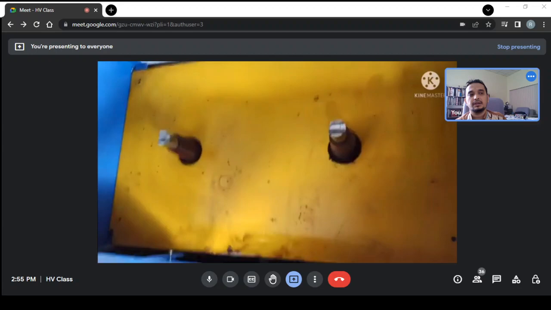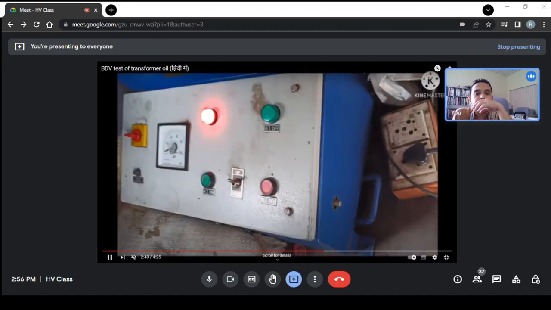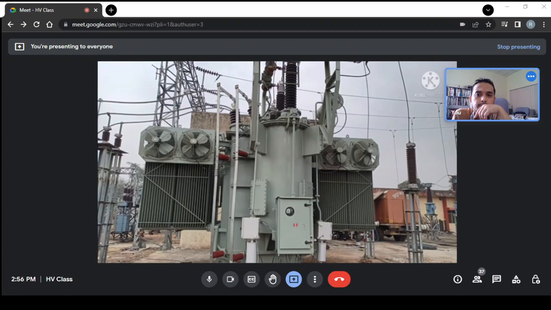The circuit is within this test set, which is dedicated to transformer oil insulation testing. Now we apply the voltage, switch on, and then we will gradually increase. Let's just see this one. This is a transformer, you can see.